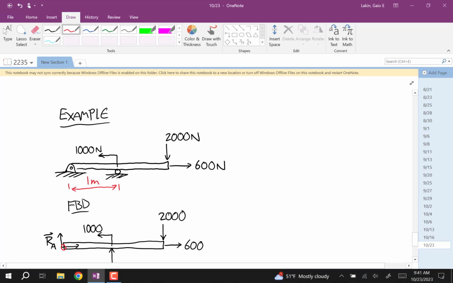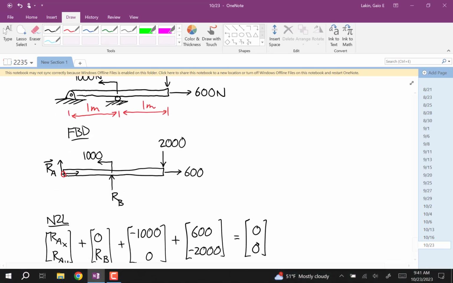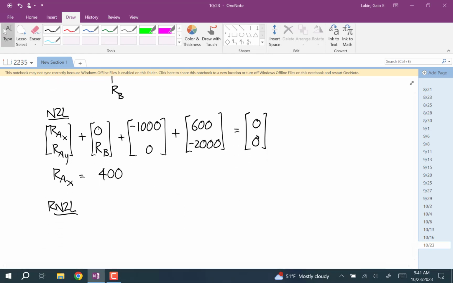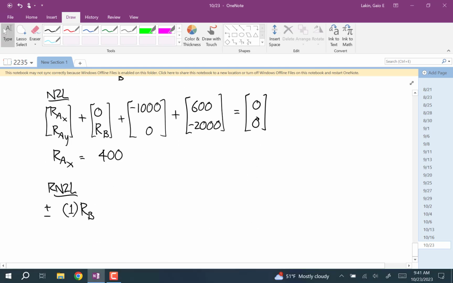Let's say this is 1 meter and this is 1 meter. Okay, so that RB, so plus or minus a moment arm of 1 times the force RB, would that rotate it clockwise or counterclockwise around the about point? Counter, so positive.